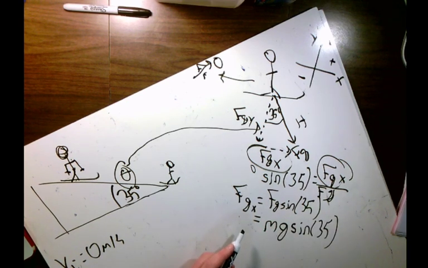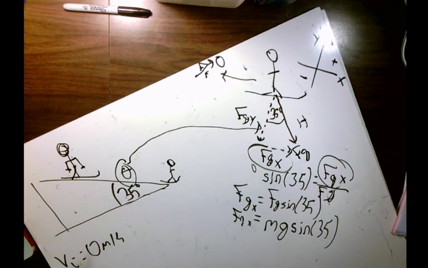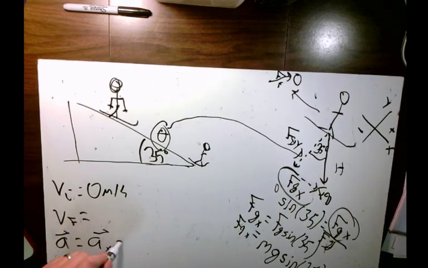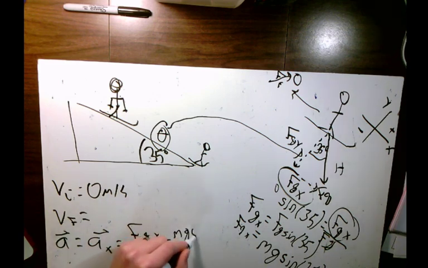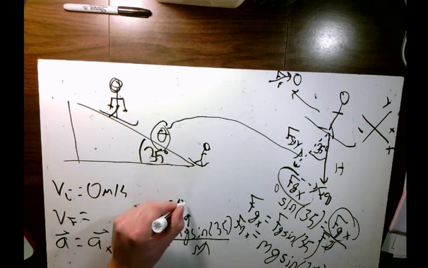And coming from our notes, if we're looking for an acceleration in the x direction, we're going to need to take that x component divided by the mass. So we have mg sine of 35 divided by the mass. We don't know how much the person weighs, but we don't care because it cancels out. So the acceleration of this guy is equal to gravity's constant, 9.81 meters per second squared.